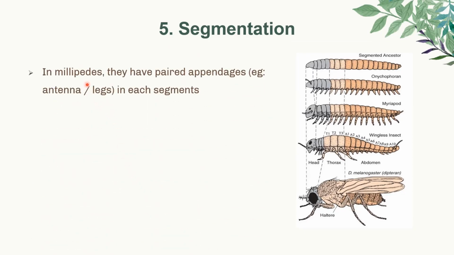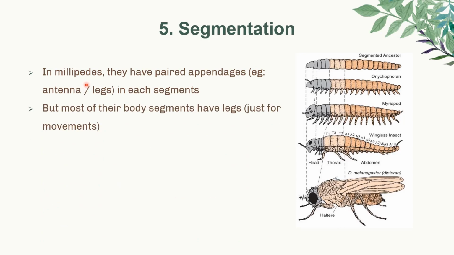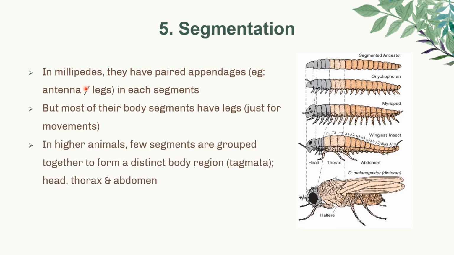In millipedes, they have paired appendages, where they contain antennae and legs in each segment. But most of their body segments have legs just for movement. In higher animals, a few segments are grouped together to form a distinct body region called the tagmata. The tagmata consist of a head, thorax, and abdomen.